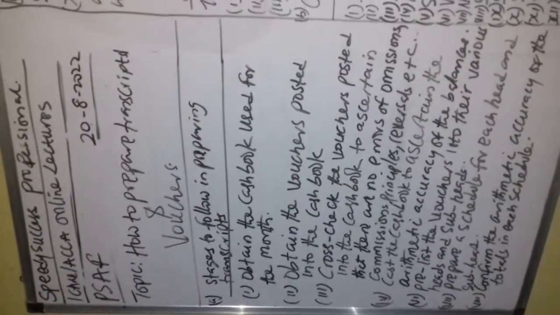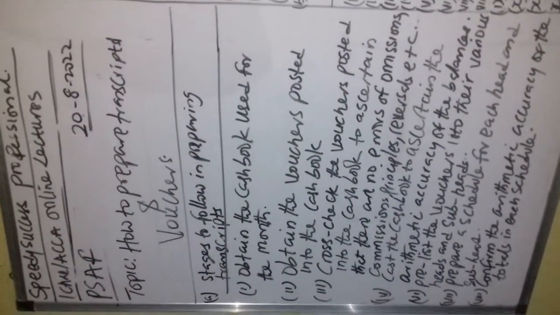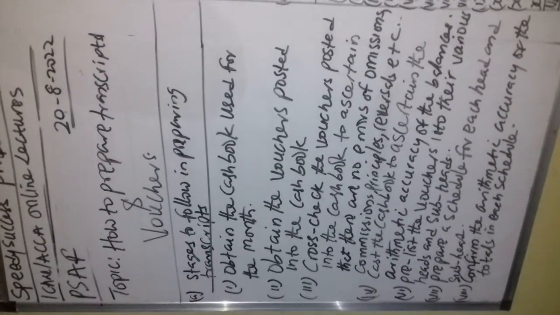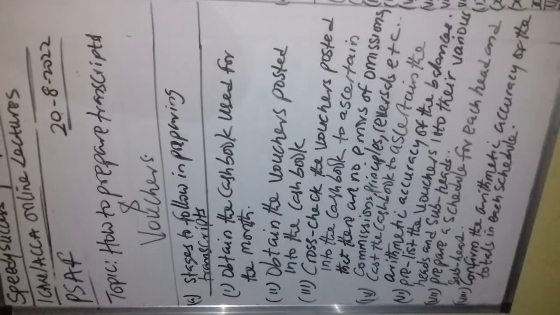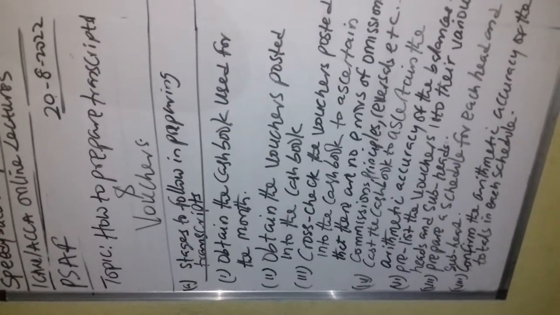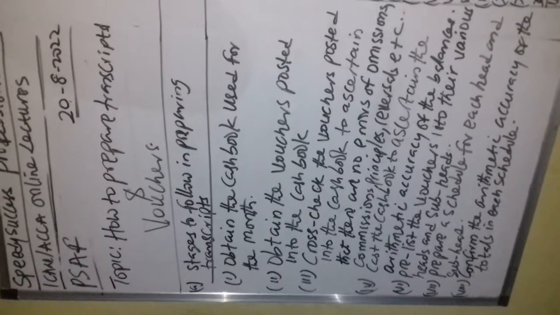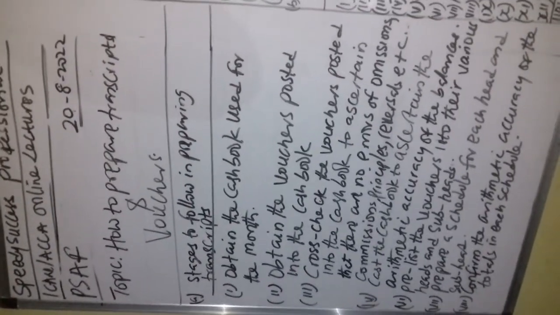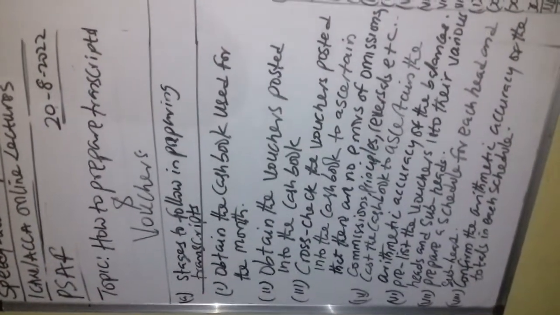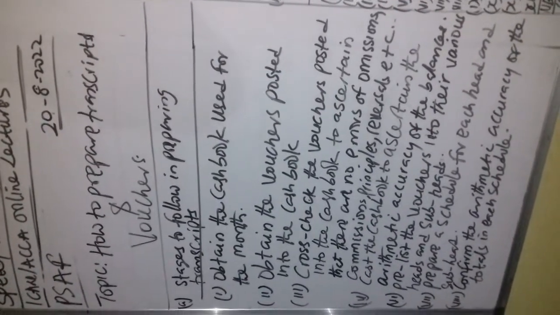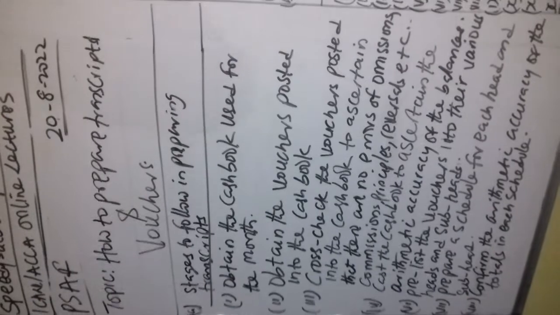Alright, now a typical transcript must be prepared at the end of every month. The first step, I'm going to list out the requirements for a transcript to be valid. One, the preparer must obtain the cash book used for the month by the ministry.